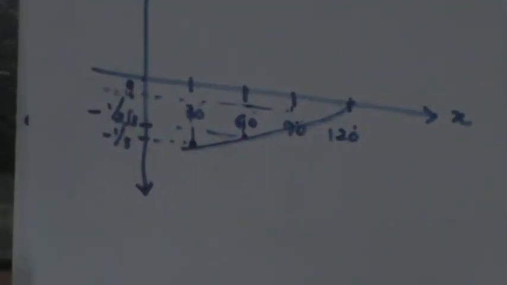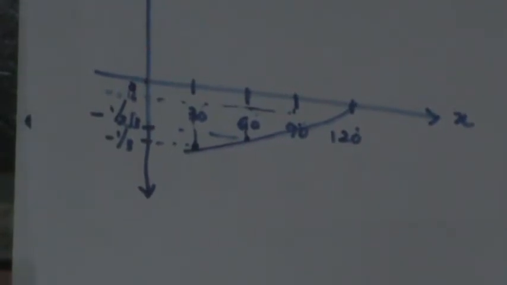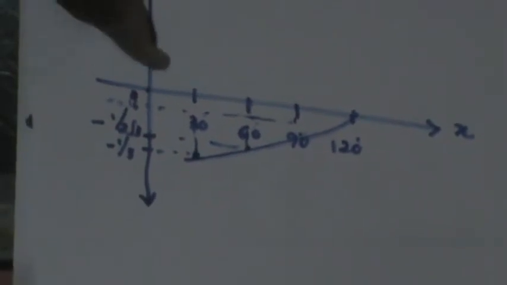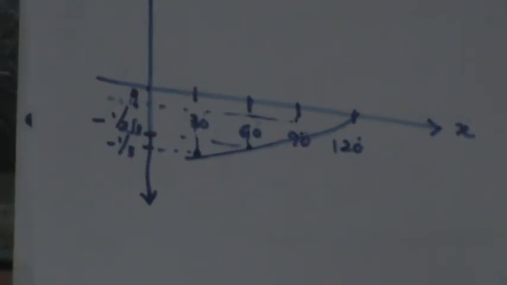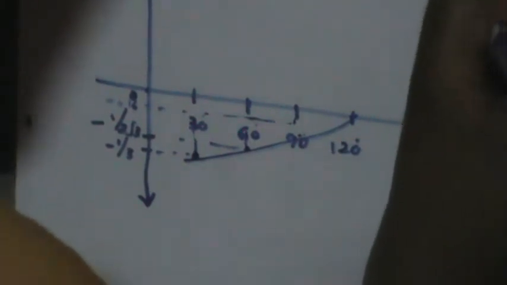And when y is equal to 0, sin(x plus 60) is 0, so the graph is between 0 and 120. What is the value of y at x equals 0, the y-axis?